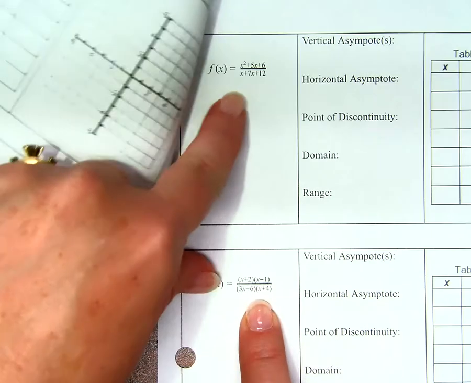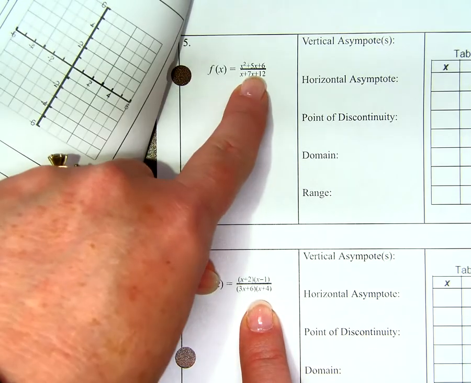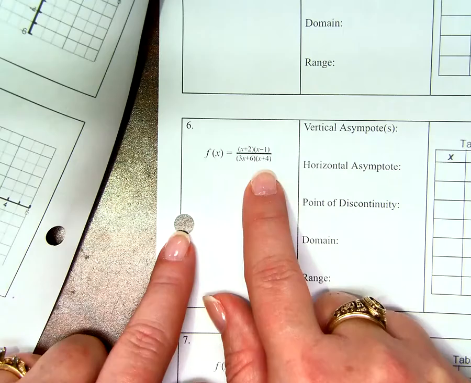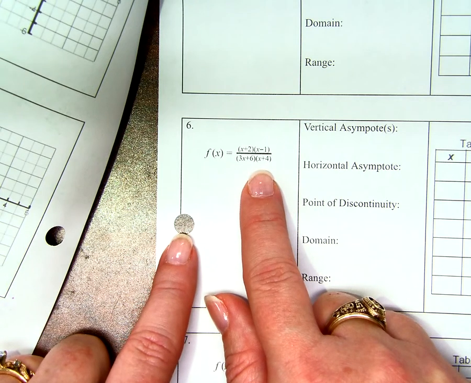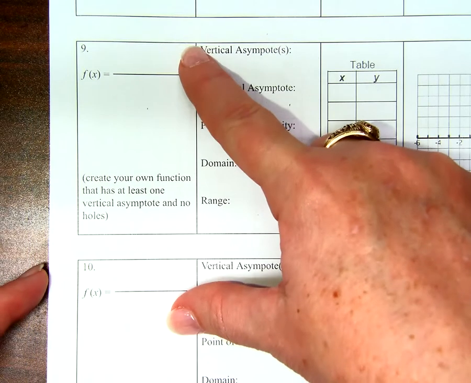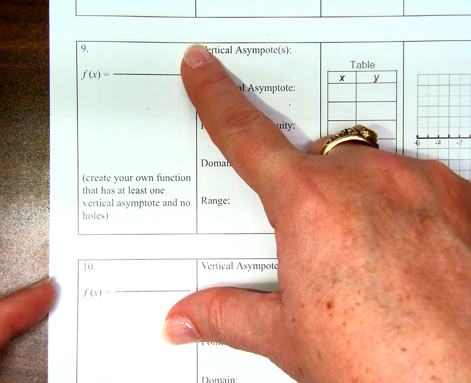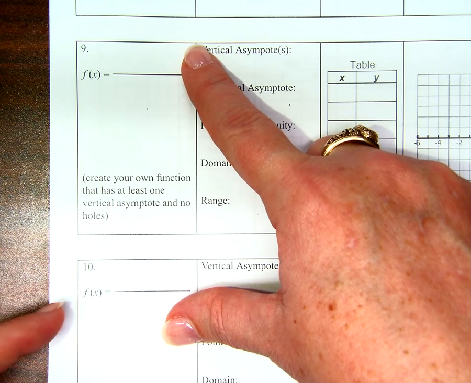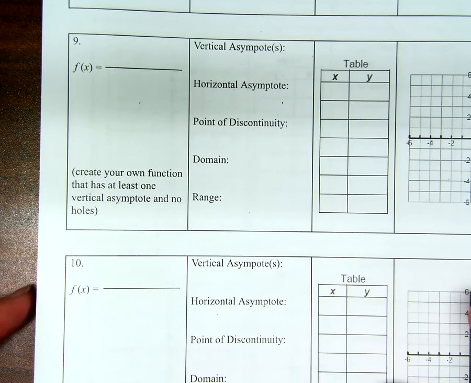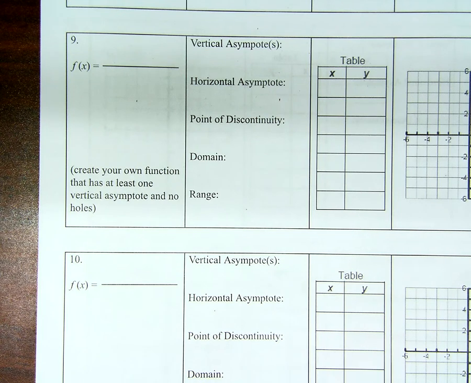See how in a lot of these other ones, like number 5, you had to factor it first? Notice that number 6 is already factored for you. It's your choice how you write your problem on 9 and 10. You can write it already factored, or you can write it so that somebody would have to factor it before they did the problem. That's up to you. Okay? Any questions?